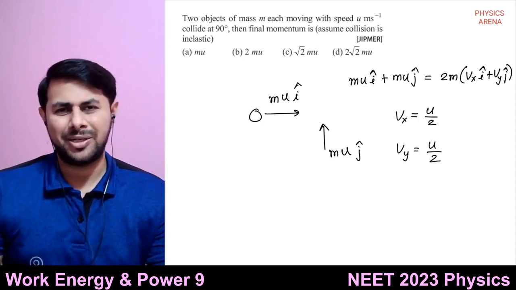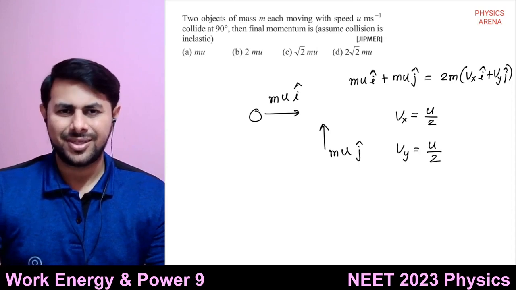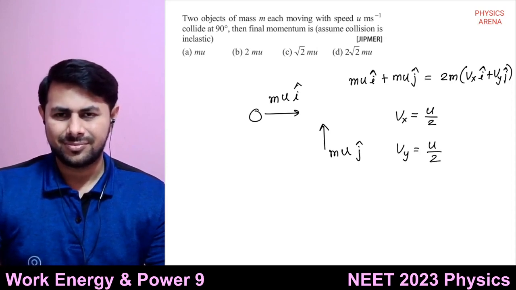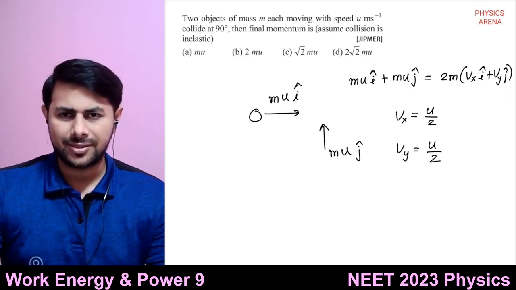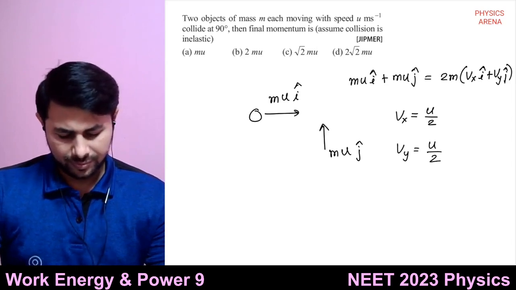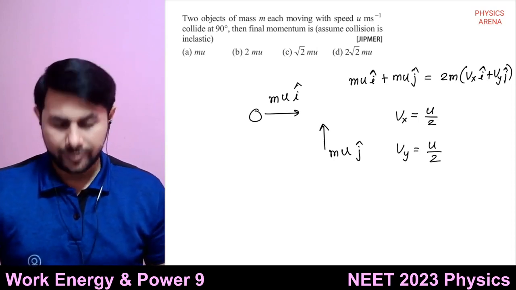Total initial momentum equals total final momentum. Yes, no? So tell me what's the answer? Should be square root of 2 mu.